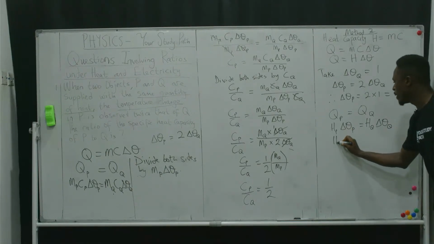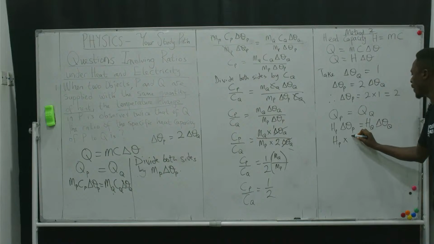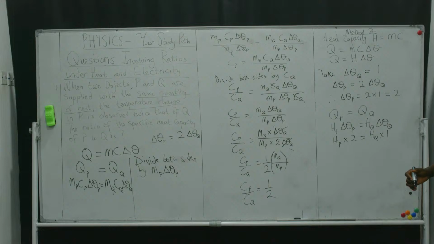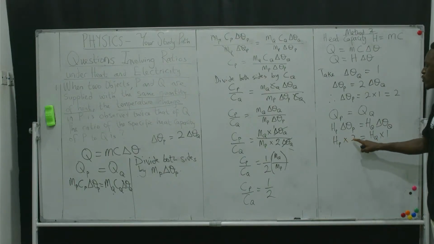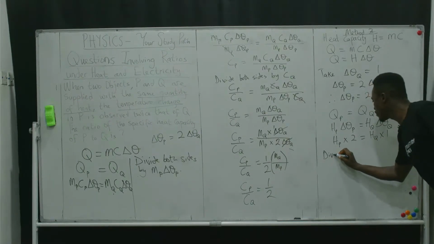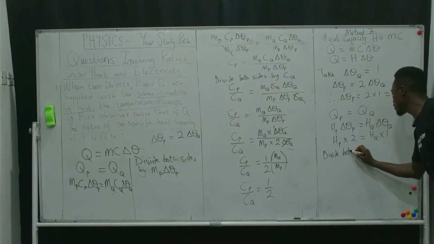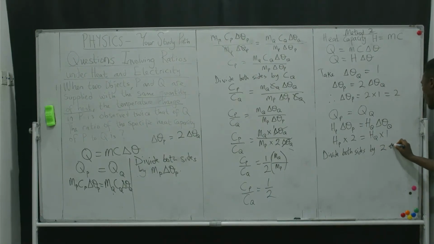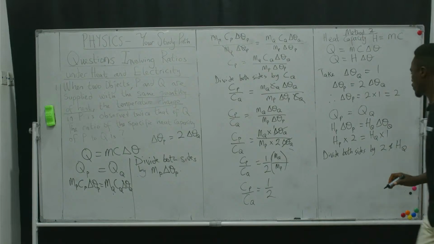Put in your values. HP multiplied by 2 should be equal to HQ multiplied by 1. You divide both sides by HQ and 2. You want to remove 2 from this side, and you want to remove HQ from this side. So I'll divide both sides by 2 and HQ. You see the reason now.